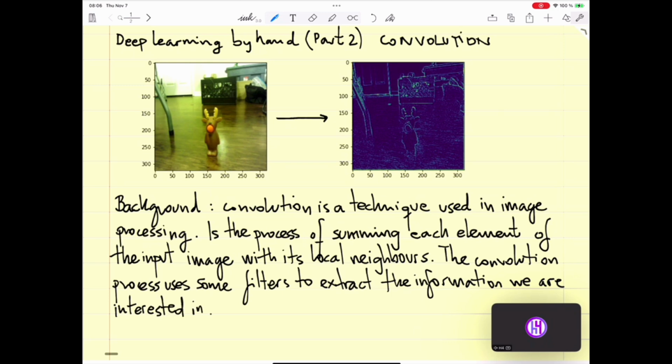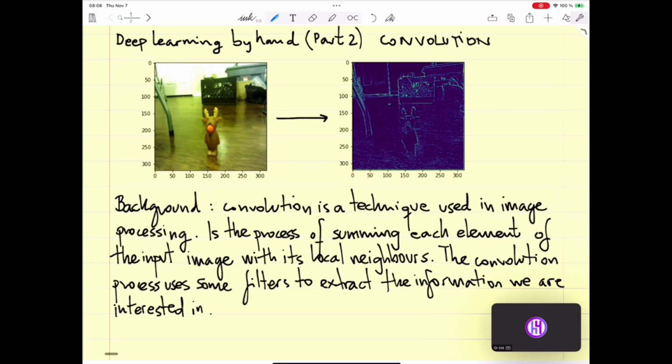We can use convolution filters to extract the edges of an image. We can use filters to extract the shape of an image, or to extract the texture of an image, so if it's raw, or if it's smooth. So using different filters, we extract different information from the data.